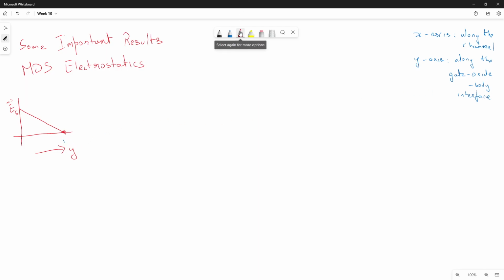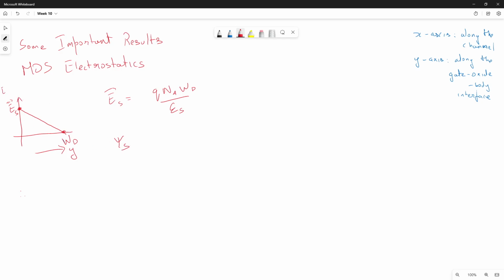So this is the depletion width, and we know that ES is equal to plus Q Na times WD divided by epsilon S. Additionally, we also know that psi S comes from the area under this graph.